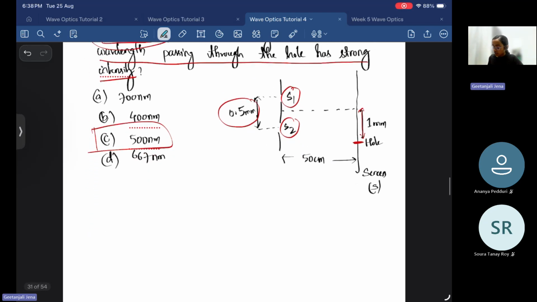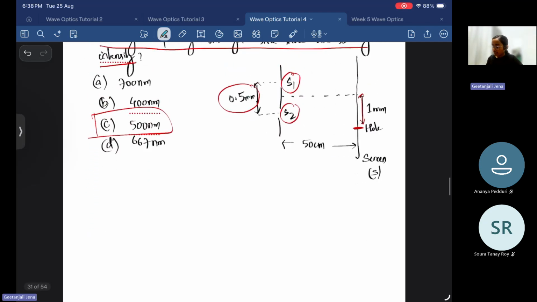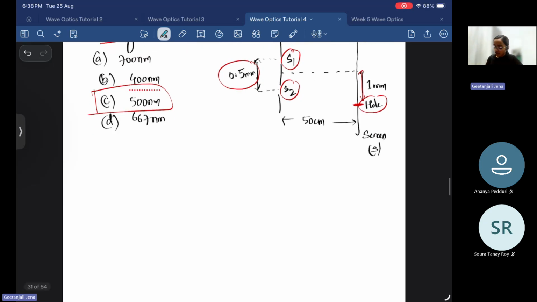Yes, it is correct. To get strong intensity, that means constructive interference, the optical path difference should be an integral multiple of lambda.